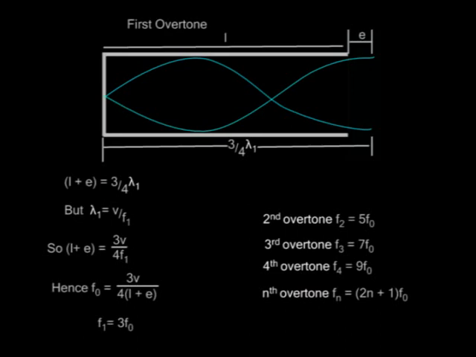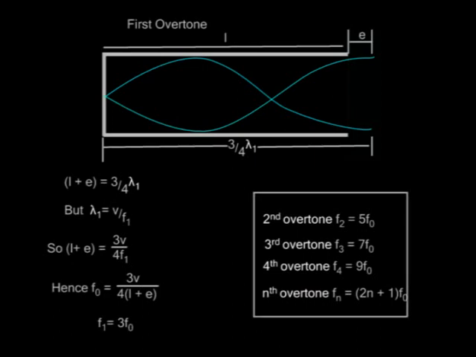Fourth overtone F4 is equal to 9F0. The nth overtone Fn is equal to (2n plus 1) F0. It follows therefore that a closed pipe produces only odd harmonics. A vibrating string produces more quality sound than a closed pipe when it has all the harmonics.